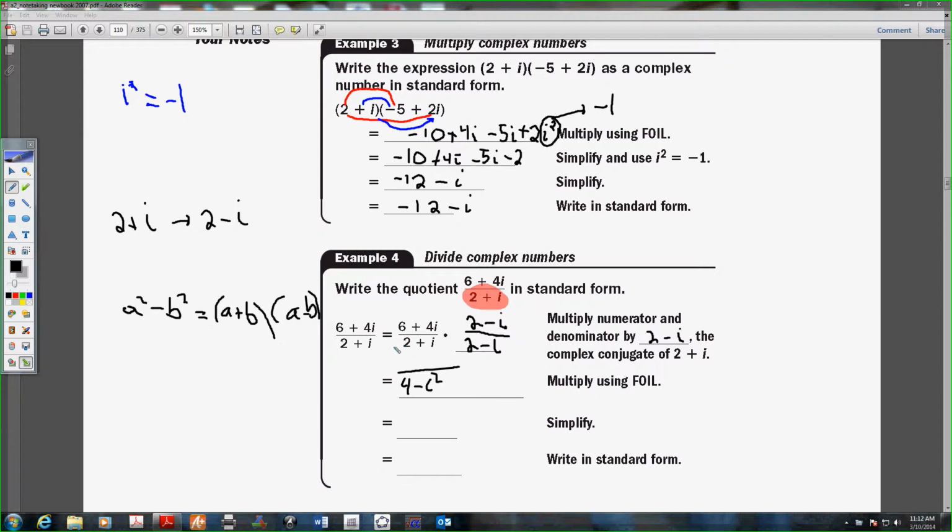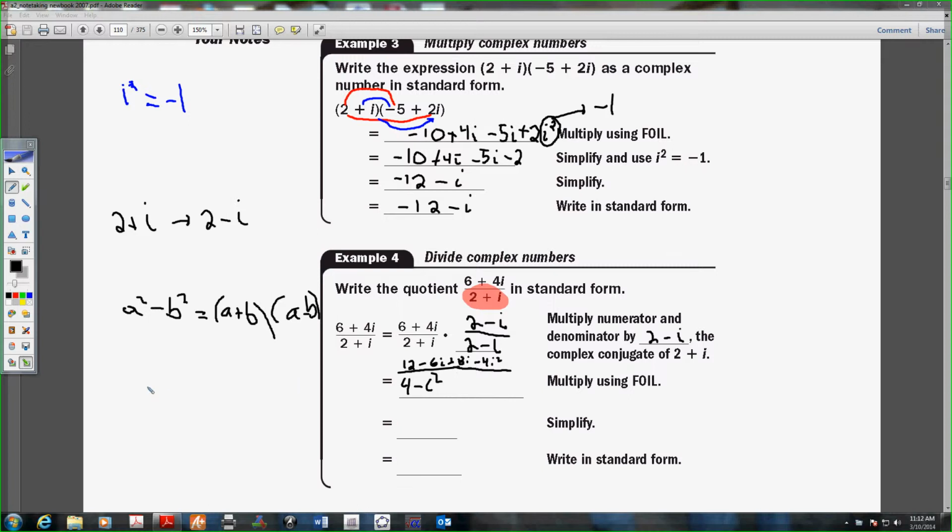My numerator, I have to do the same thing that I did in example 3. I multiply, which is FOIL. So it's going to be what? 6 times 2, which is 12. 6 times negative i is negative 6i. And then 4 times 2 is plus 8i. And 4 times negative i gives us negative 4i squared. When I simplify that, it's 12 plus 4.